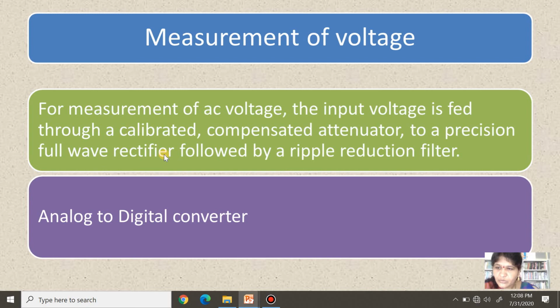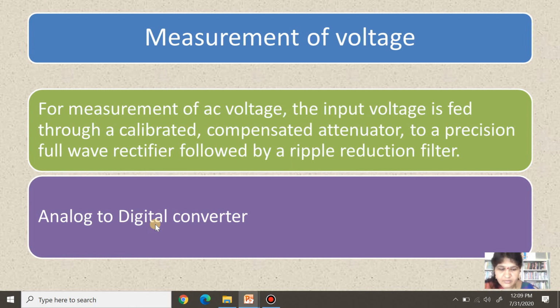This voltage is in analog form, so it is converted into digital form by the analog to digital converter, and the digital output is displayed on the screen. So for the measurement of the AC voltage, the circuit uses the attenuator, the full wave rectifier, the ripple reduction filter, and an A to D converter. This is how measurement of the voltage is done.